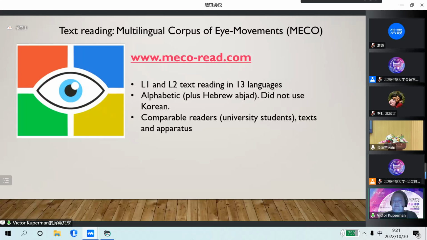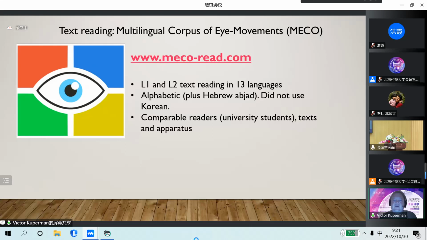So this project collected eye tracking data in L1 and L2 text reading in 13 languages. To be more precise, L1 language, L2 was always English, and this project used comparable readers, so university students, comparable texts, and eye tracking apparatus.